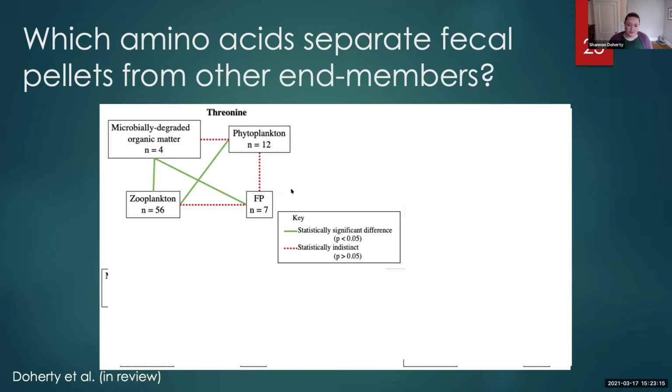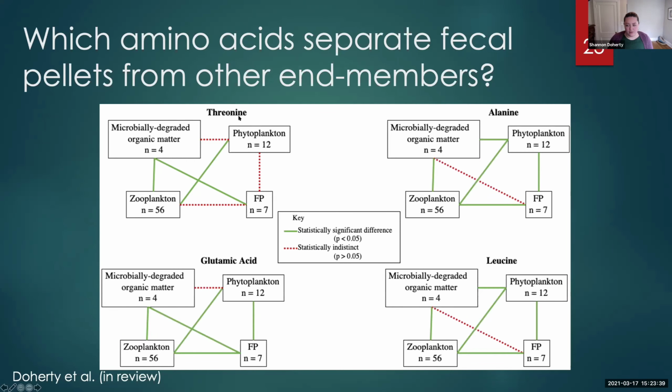So here are the results from the statistics. This is the amino acid here at the top in bold, and then each end member in a box. And if there's a green line connecting the end member to one another, there was a statistically significant difference using this amino acid. And then a red dotted line is a statistically indistinct end member pair using this amino acid.